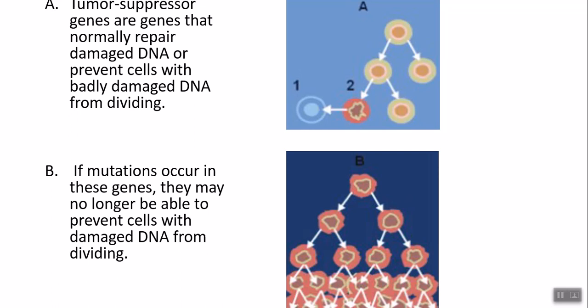They control the damaged cells from multiplying. If the tumor suppressor gene is mutated and no longer able to control the cell division of damaged DNA cells, then although the cell DNA is damaged by radiations, carcinogens or pathogens, since the tumor suppressor gene is mutated, there is no control.